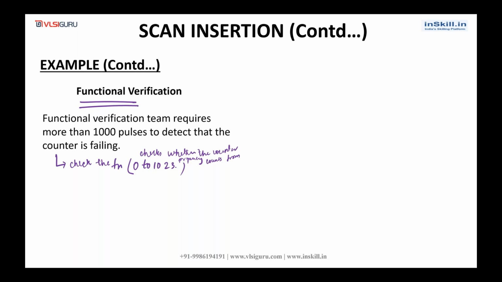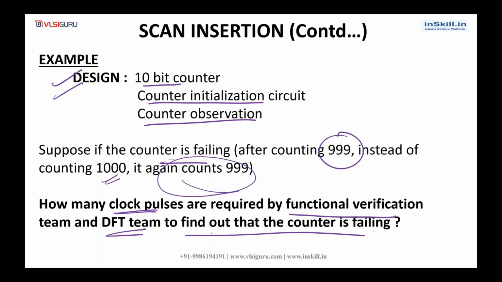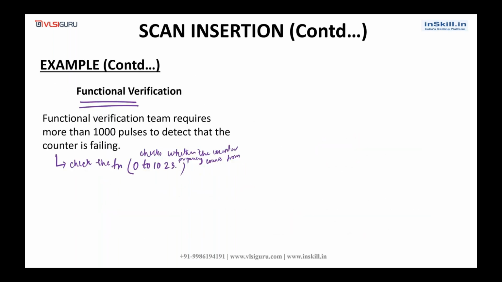Why? Because in this example, I've considered a 10-bit counter. So that is why the functional verification team will be checking whether the counter properly counts from 0 to 1023 or not.